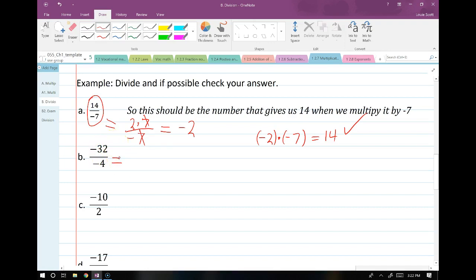Right, and so 32 divided by 4. 8. Okay, so 4 times 8 is 32, right? And so I will split off a factor of 4. We have matching negative 4s on the top and the bottom, and so we cancel those, and this gives us an 8 as a result.